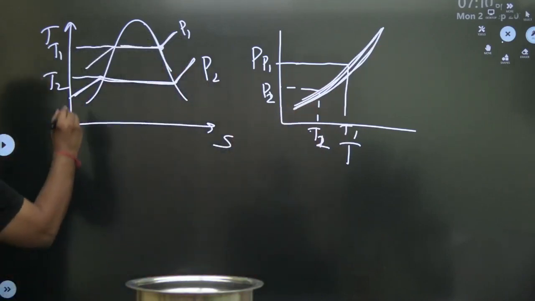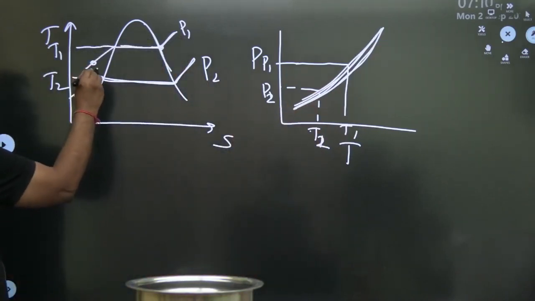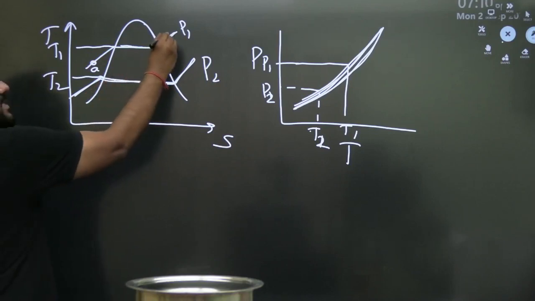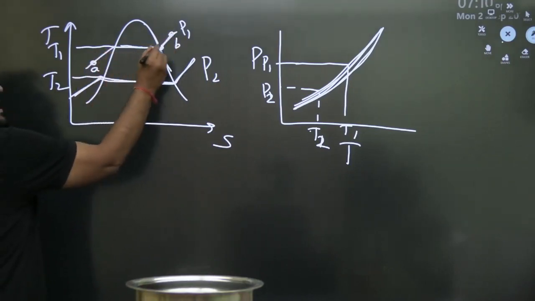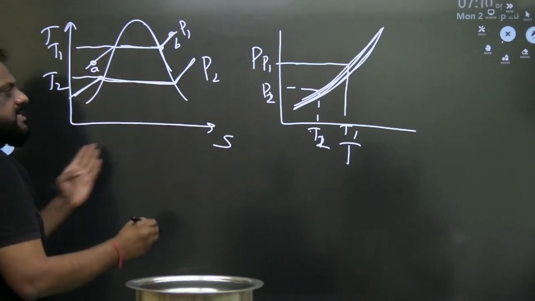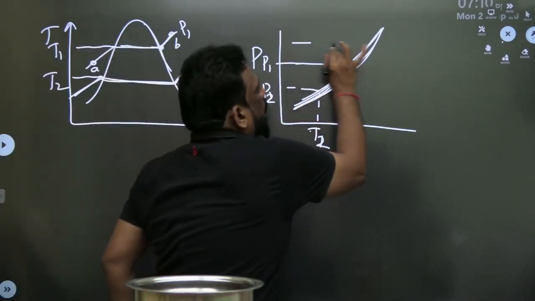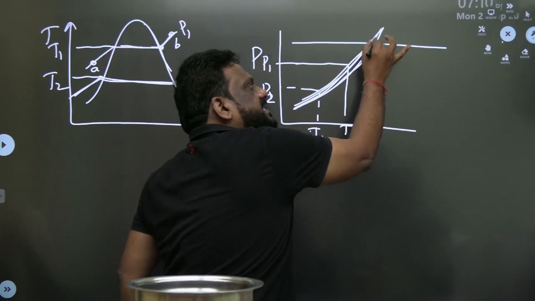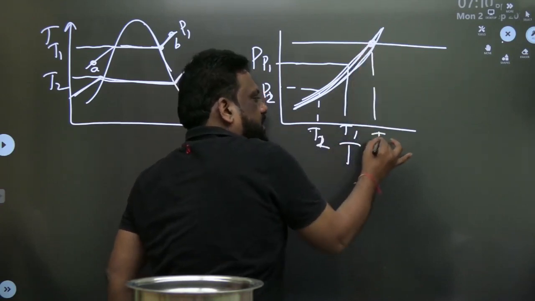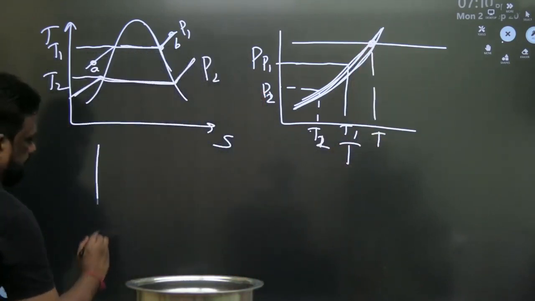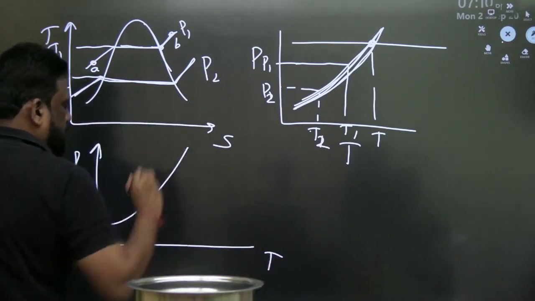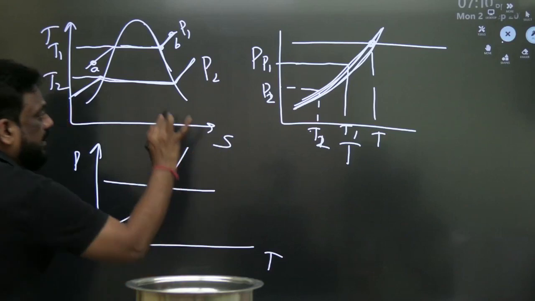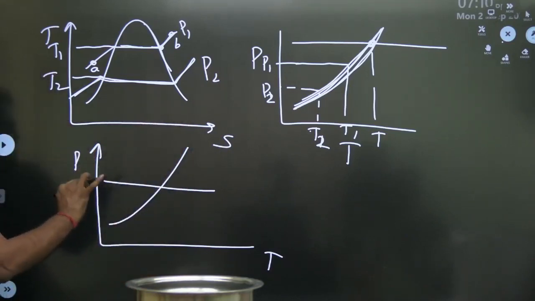And one more thing. If you take this point, my dear students, let us call it A, and let us take this as B. Can you tell me what is the pressure on this line? It is a constant pressure on the TS diagram. The same constant pressure line I'll show by a horizontal line. Where it cuts this saturation curve, we call it the saturation temperature. This is one temperature, this is the pressure, and this is a constant pressure line, because on the vertical axis I have taken pressure.